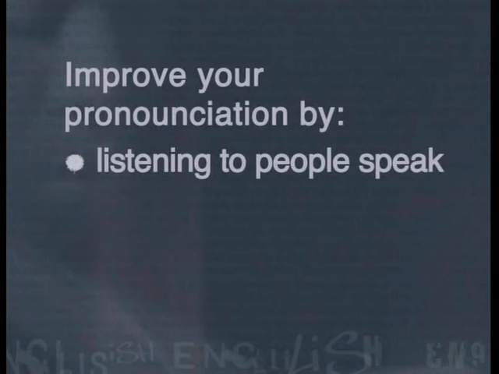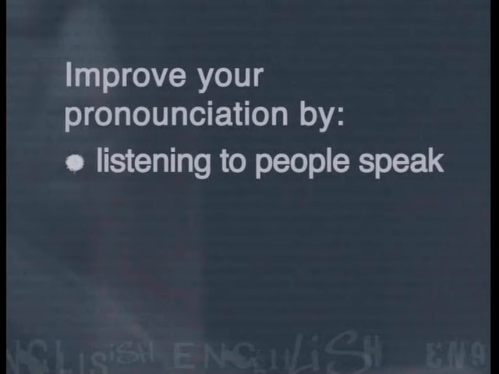So how can you learn the pronunciations of new English words? You can improve your pronunciation by listening to people speak. Pay attention to how words are pronounced, especially in situations where they should be pronounced correctly. For example, newsreaders generally use the correct pronunciations.